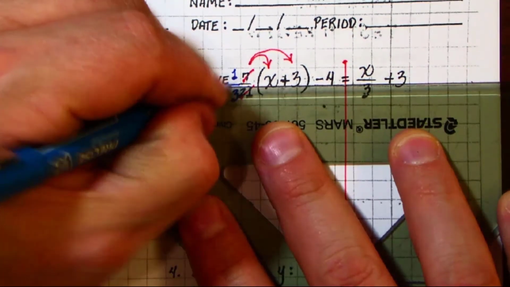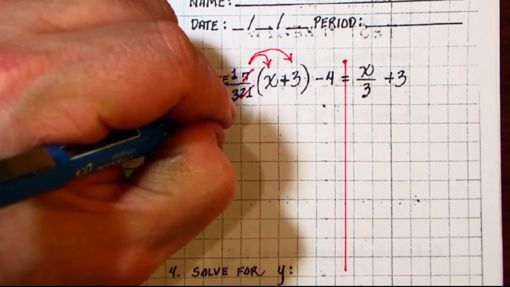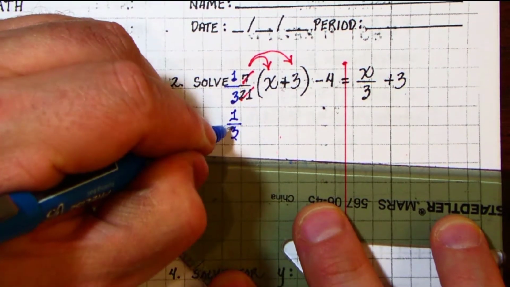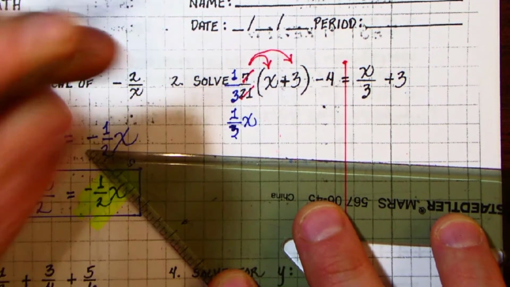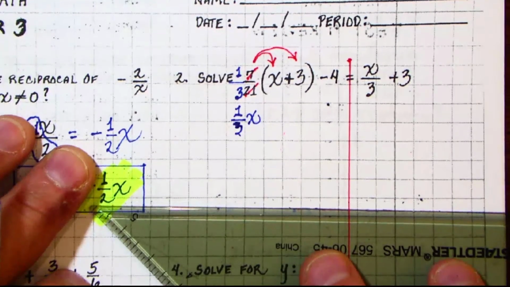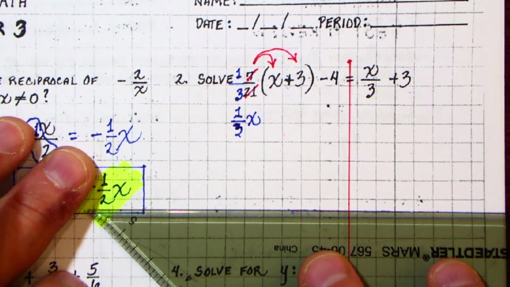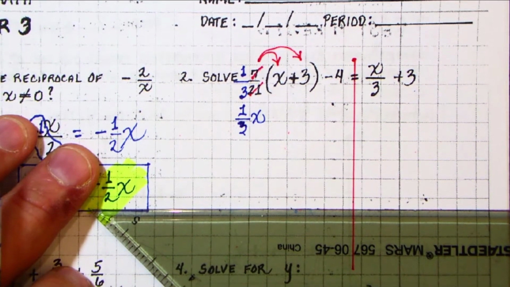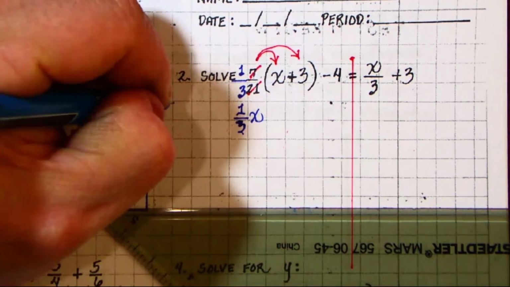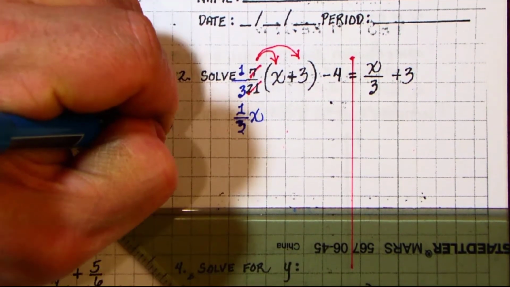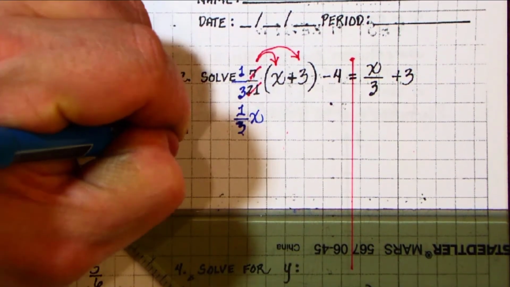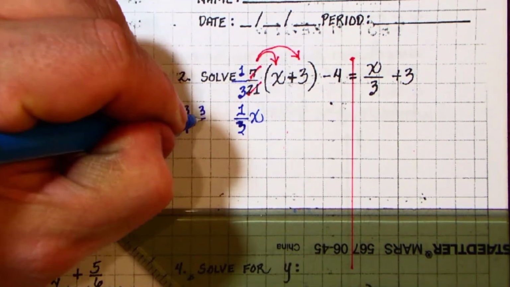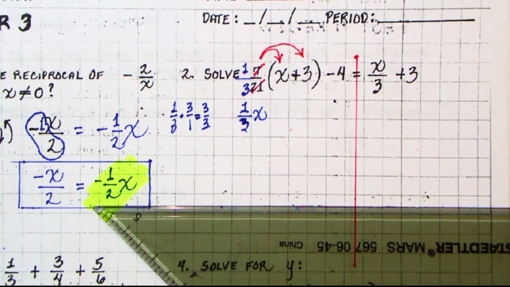So here's our new fraction. 1/3 times x is 1/3 x. How about 1/3 times 3? You're going to multiply the 1 times the 3. It's just 1, right? If you're confused about that, it's 1 over 3 times 3 over 1 equals 3 over 3, and that cancels.